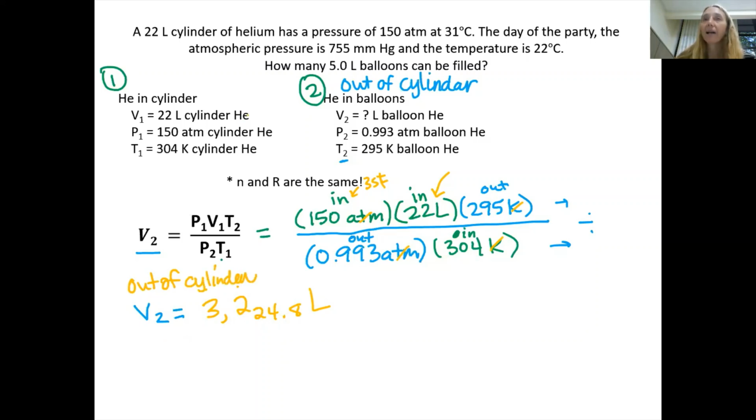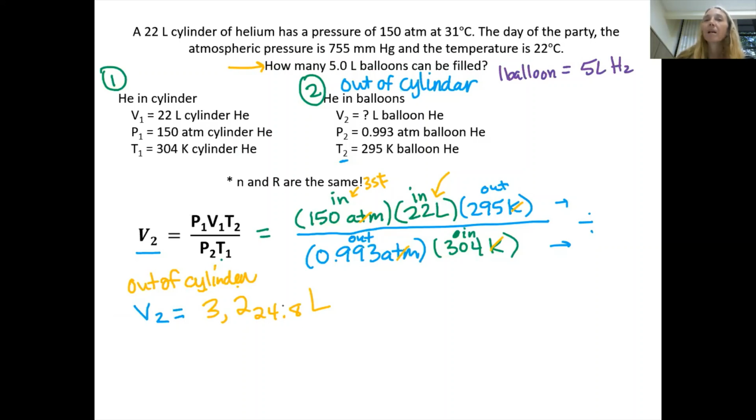Right? So let's go back and read our question. The question says, how many 5-liter balloons can be filled? What that tells me is 1 balloon equals 5 liters of helium, right? So if I take my helium out of the cylinder, I need 5 liters of helium to fill every balloon.